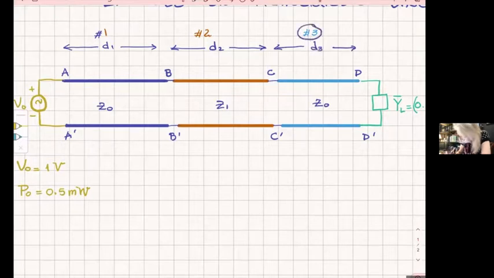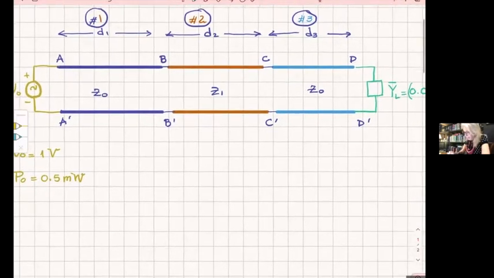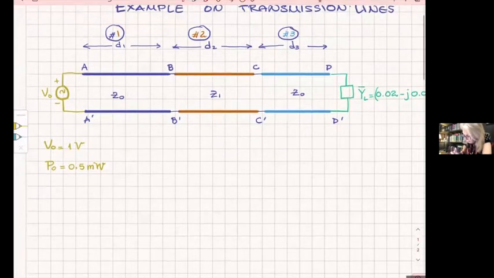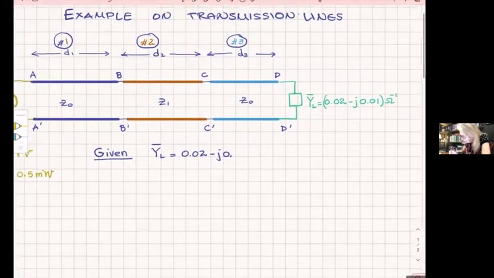Now, I'm asking you to do the following. Let me tell you what I'm giving. So what is given? It's given that the load admittance, I gave it to you, is 0.02 minus j 0.01, and in fact, it's not normalized.